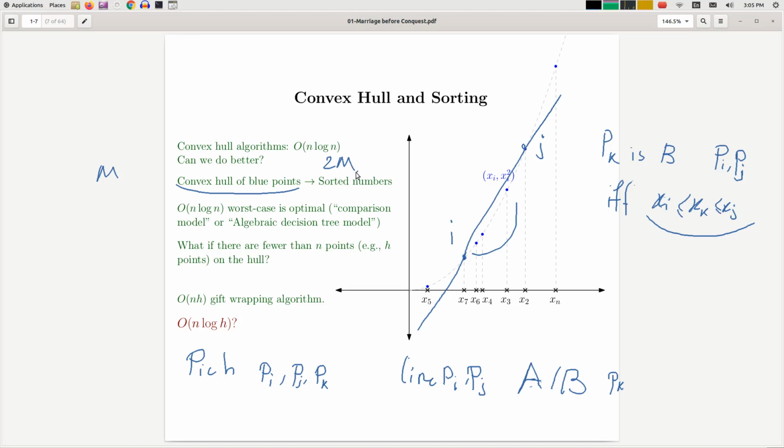Since we know that sorting with comparisons requires at least omega n log n, it follows that m should be omega n log n. But this only applies to algorithms that use only sidedness tests by picking 3 points and asking sidedness queries on them. It does not apply to much more complicated algorithms than that. If you want to strengthen this lower bound, then you have to look at more complicated models such as the algebraic decision tree model.